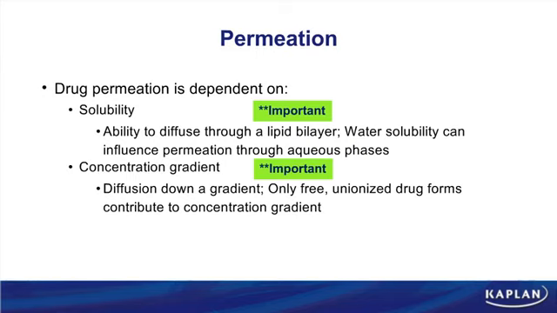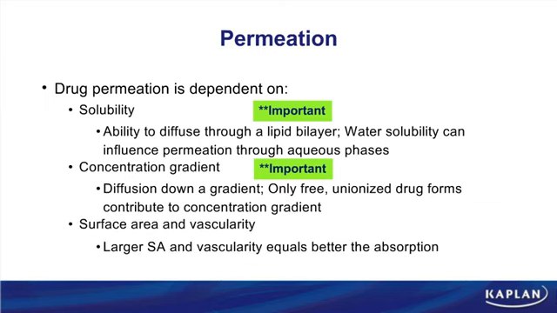But other factors can contribute, things like surface area and vascularity. If you take surface area, for example, if you imagine taking a drug orally, you compare the absorption of that drug from the stomach versus the small intestine. Based solely on surface area, the small intestine, of course, has a much larger surface area. So the small intestine is where drugs are more likely to be absorbed compared to the stomach.